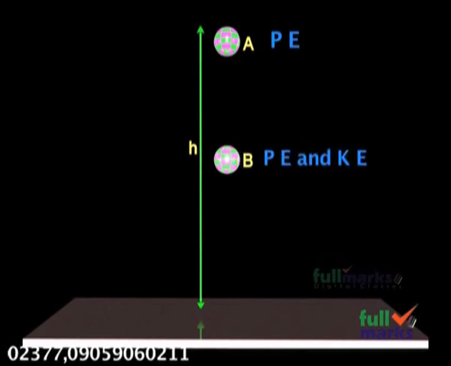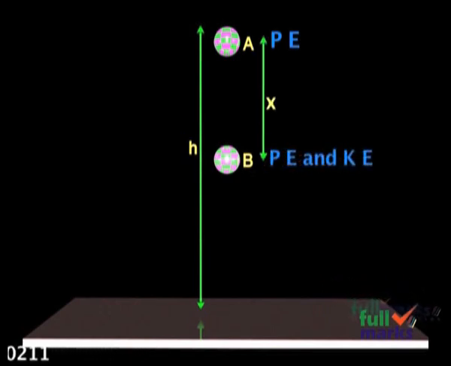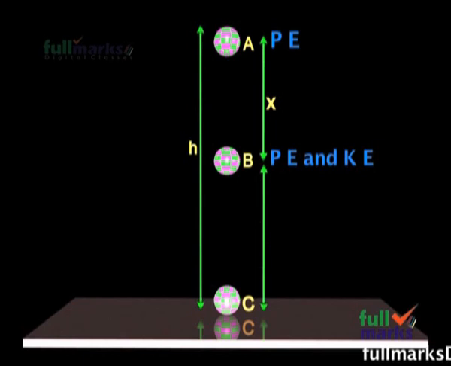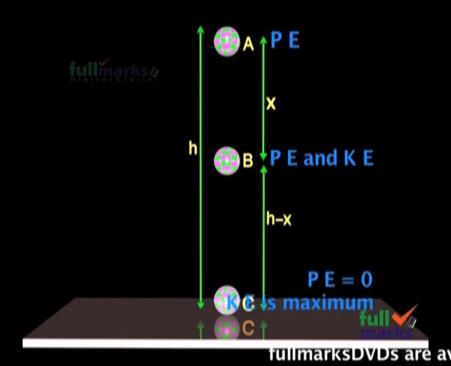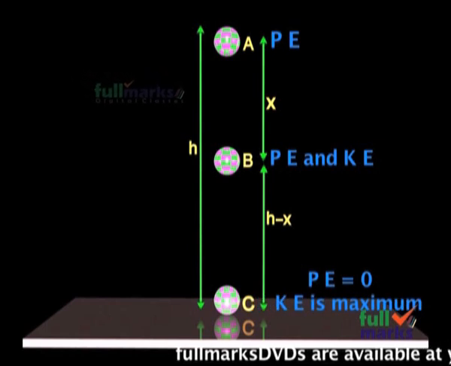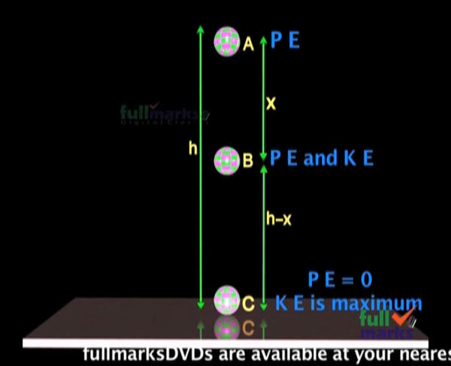At B, the body has potential energy as well as kinetic energy. Why? Because the body is at some height and also it has some velocity. When the body reaches the ground, the potential energy is 0 and the kinetic energy is maximum. That means when the body reaches the ground, all its potential energy is converted into kinetic energy.